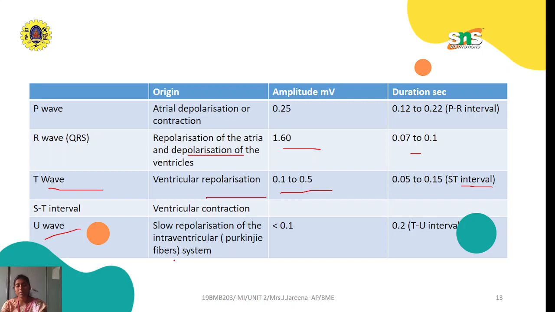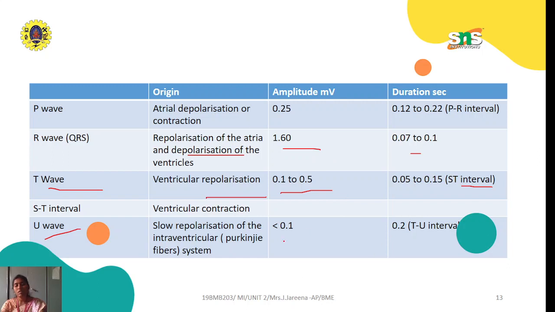Okay, it represents the Purkinje fibers' status. If you have that U wave, it should be less than 0.1 millivolt and the duration is 0.2, that is the T to U interval time. Okay, this is the overall standard ECG waveform and the origin of the ECG waveforms with their amplitude and duration.